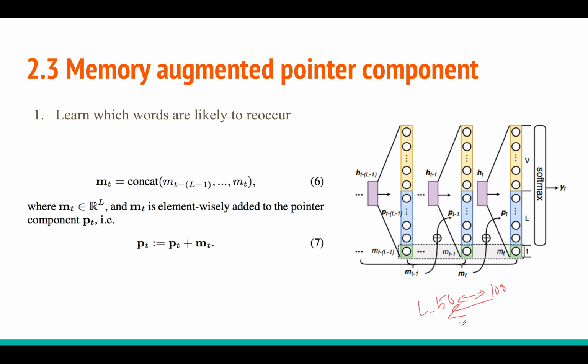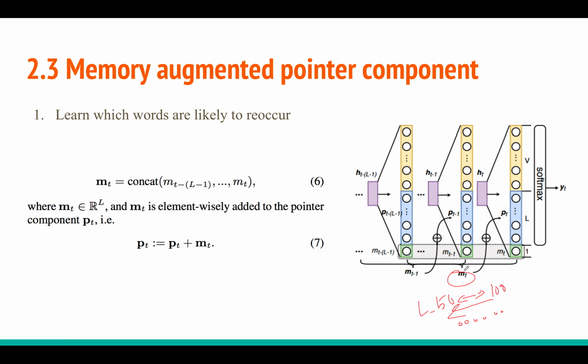You take all the hidden values, which are single hidden neurons at every time step. So you take all the m's, m50 to m100, which is basically a vector, because you are taking a sequence of single scalars, and that becomes a vector. Let's call it MT.